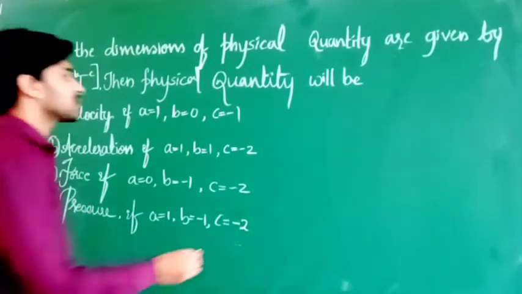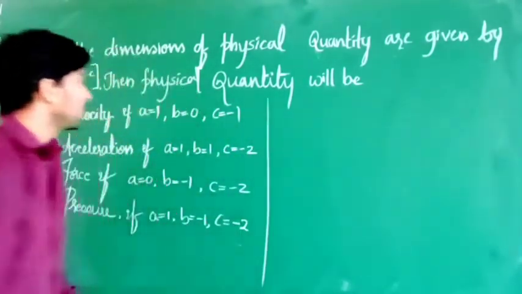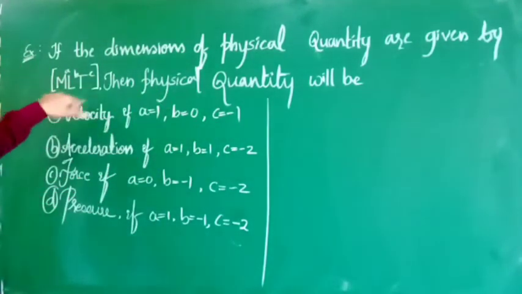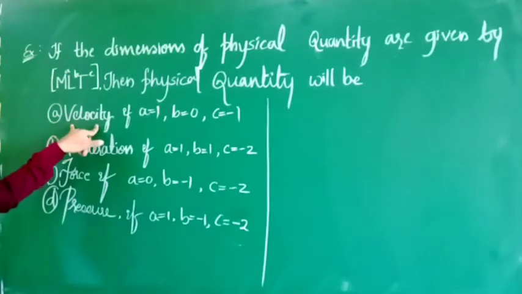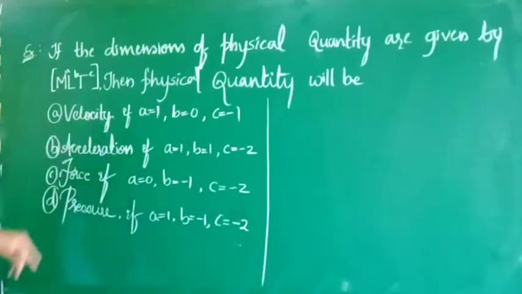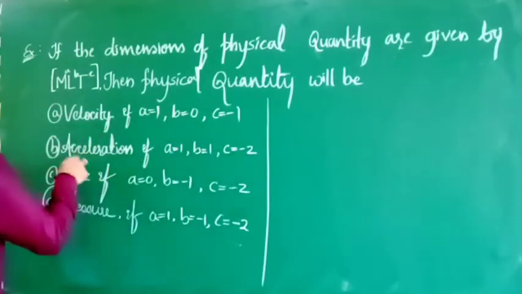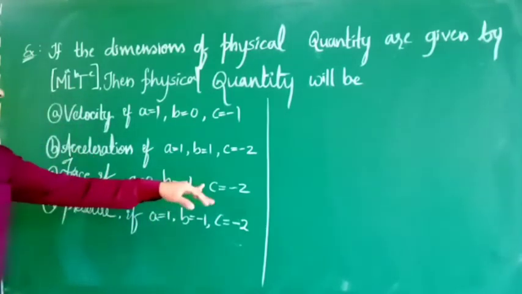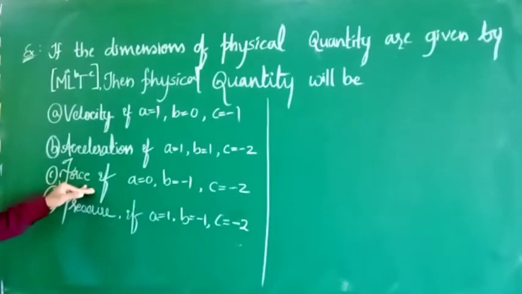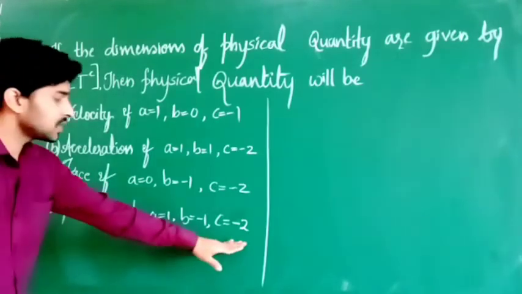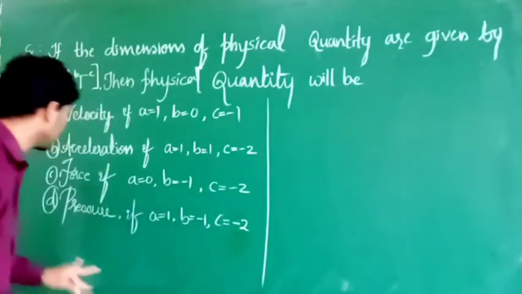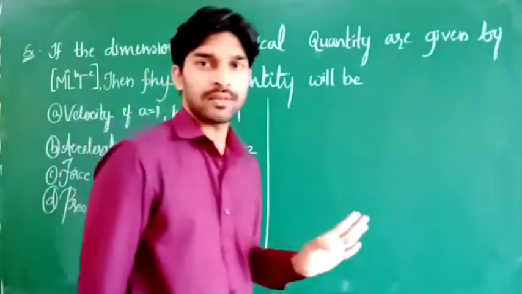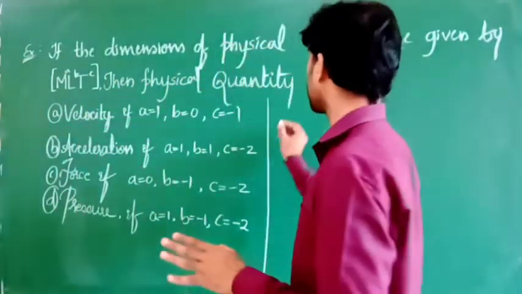So the meaning of this question is, if we substitute a, b, c values here, this complete equation should satisfy velocity. If we substitute these three values, it should satisfy acceleration, force, or pressure. Among these four, any one will satisfy. Clear? First one we will check.